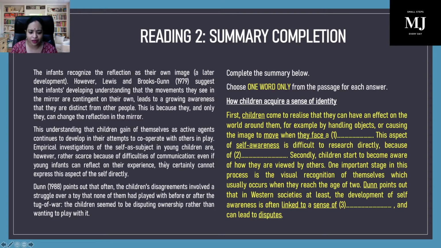Hold on. Self as subject rather scarce because of difficulties. To research directly, that means investigation is going on, research is going on, and that becomes difficult. Because of difficulties of communication. So aspect of self-awareness is difficult to research because of communication.